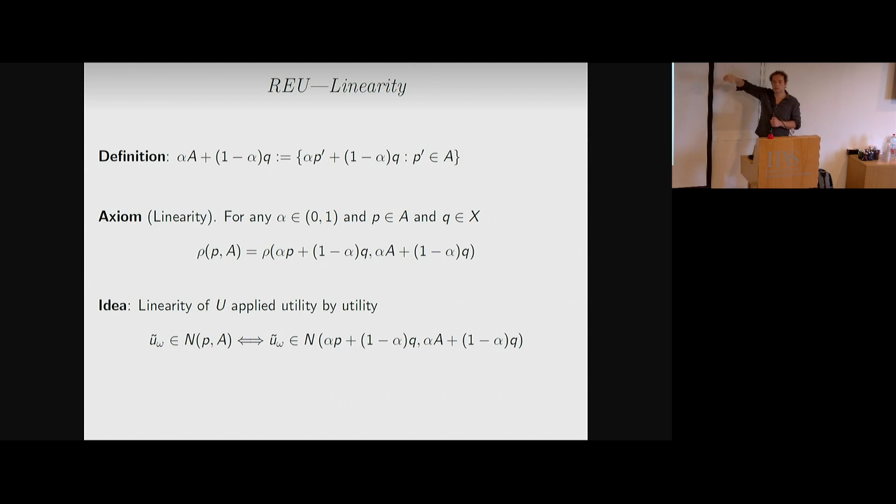That's a new menu of mixed lotteries. And the main axiom says that the probability that lottery P was chosen from menu A is the same as the probability that a mixture of P and Q gets chosen from this mixed menu.